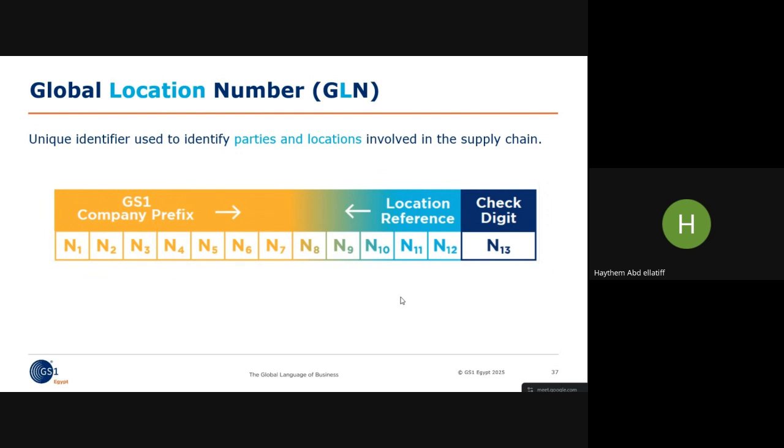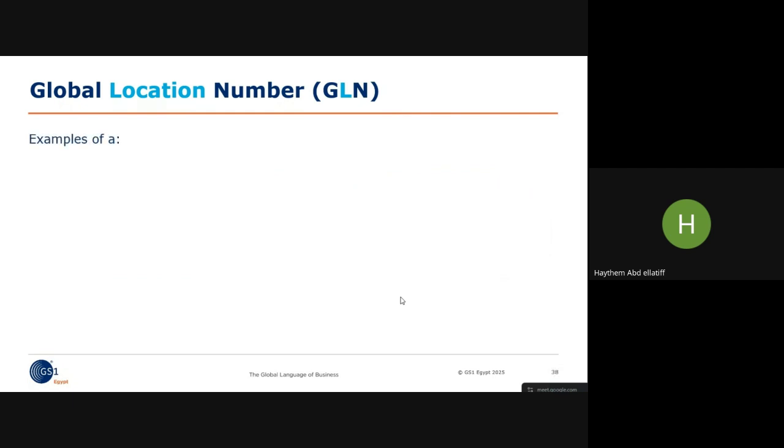And we will have the GLN. The GLN identifies who and where: companies, sites, warehouses, pharmacies, or delivery locations. The GLN has 13 digits.